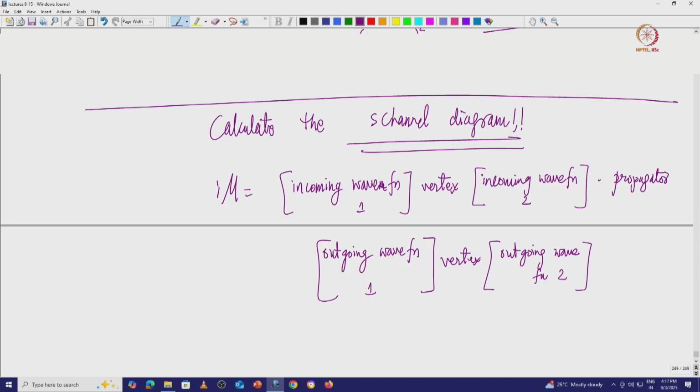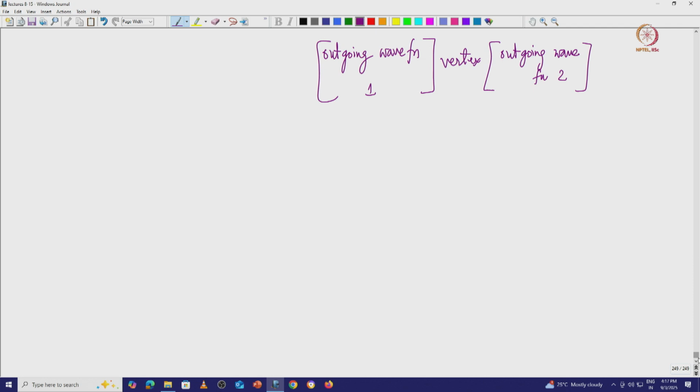So this gives me, I can directly write down the vertices because I know the vertex. The wave functions are unity because I consider them 1.